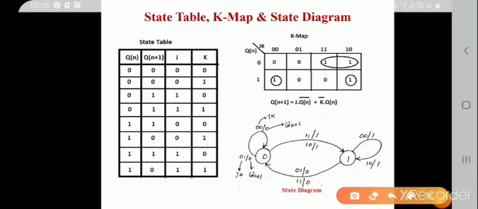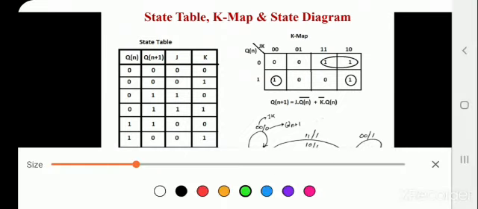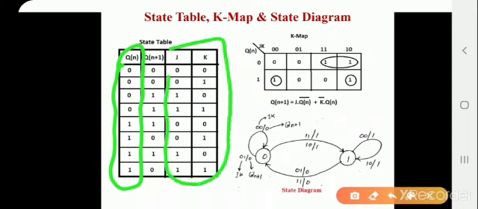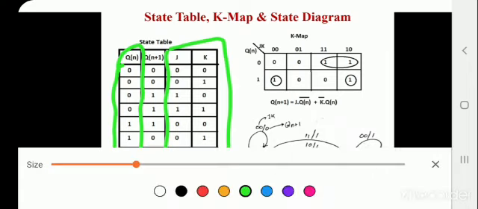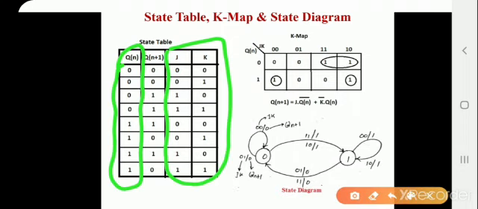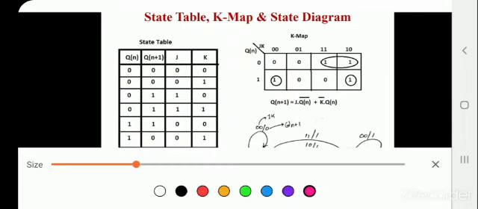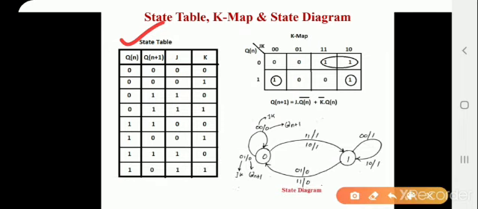So here we need to understand these columns carefully: Qn, and J and K. With the help of these columns, we can understand how the K-map is going to be formed. I'm repeating my words: you need to understand column Qn, then column J, then column K.